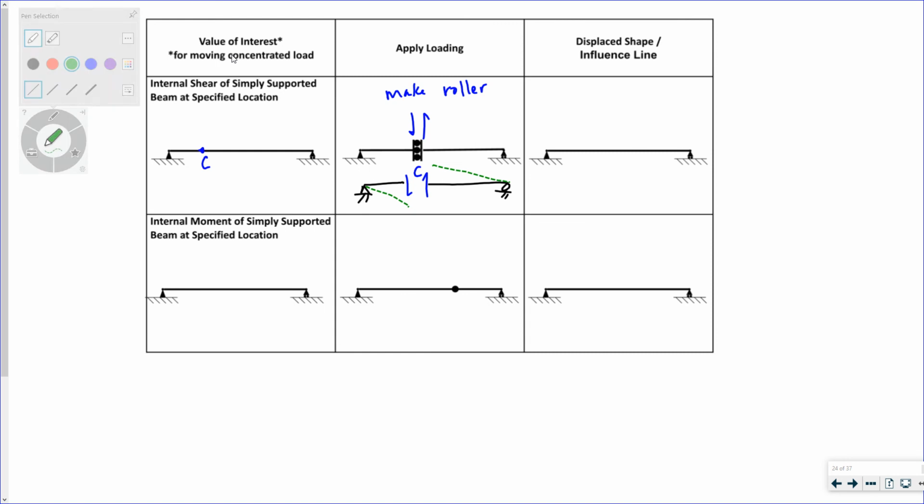So I know qualitatively, if this is my point C that I decided to look at, if I want to draw the influence line, it's going to look like that. Which looks like what we did earlier, right?